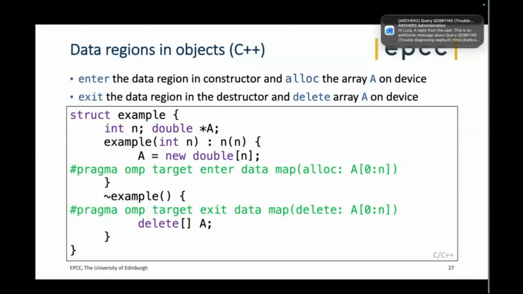If we actually wanted the data back, we could have used from instead. There's a finite amount of memory on the GPU, so we want to make sure we don't waste it. Since the variable is dynamically allocated, make sure to specify the first element of the array and how many elements are in the array, which in this case is just n.